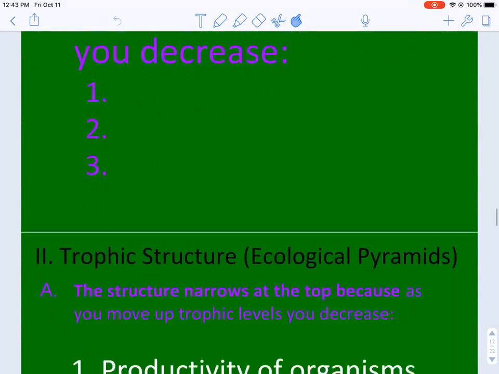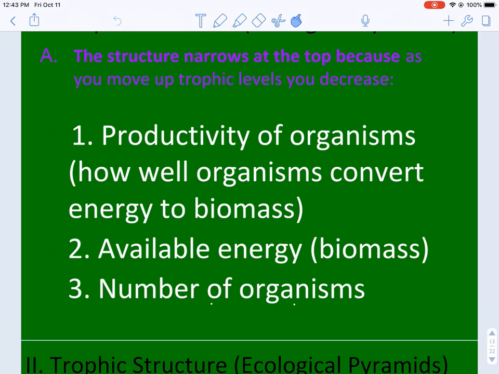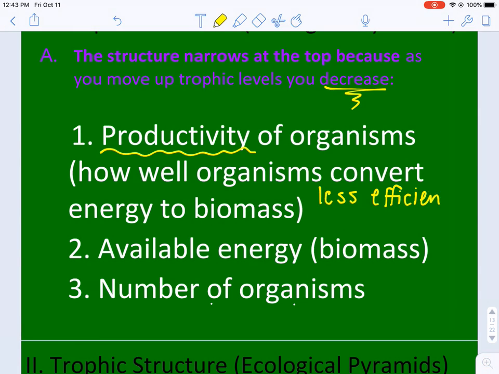So why does it narrow at the top? Well, there are three main reasons. One is organisms get less efficient, so their productivity is decreasing. Now remember, all of these things, as we go up in the levels, we decrease. So they are less efficient, and there's more waste.